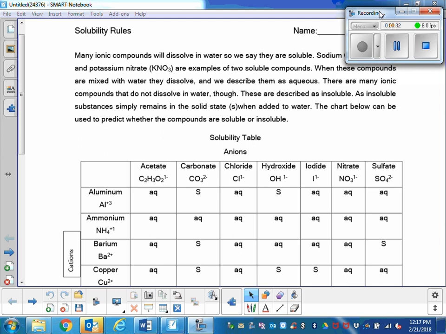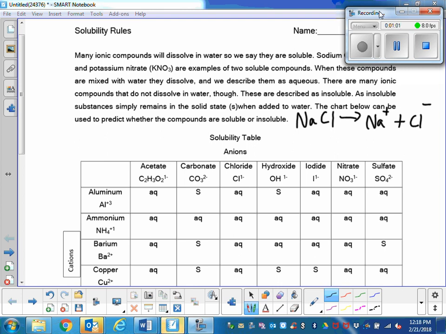When you say it's dissolved, what is actually happening to the salt particle? It's breaking up. What is salt becoming? Salt is NaCl, and it breaks down into Na+ and Cl-.